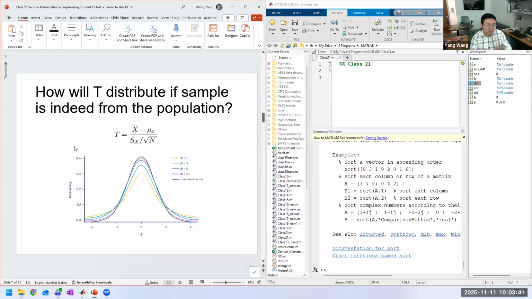So it's one sample comparing to the entire population. Then the degree of freedom is just the number of the samples we take minus 1. So basically here, df equals 1, it means that we took 2 samples. df equals 3 means that we took 4 samples. df equals 21, we took 21 samples.